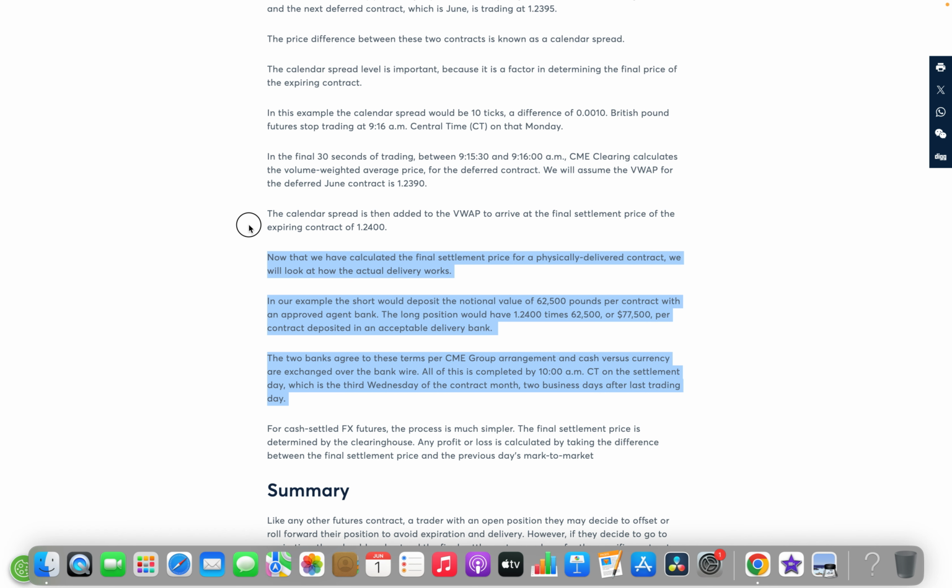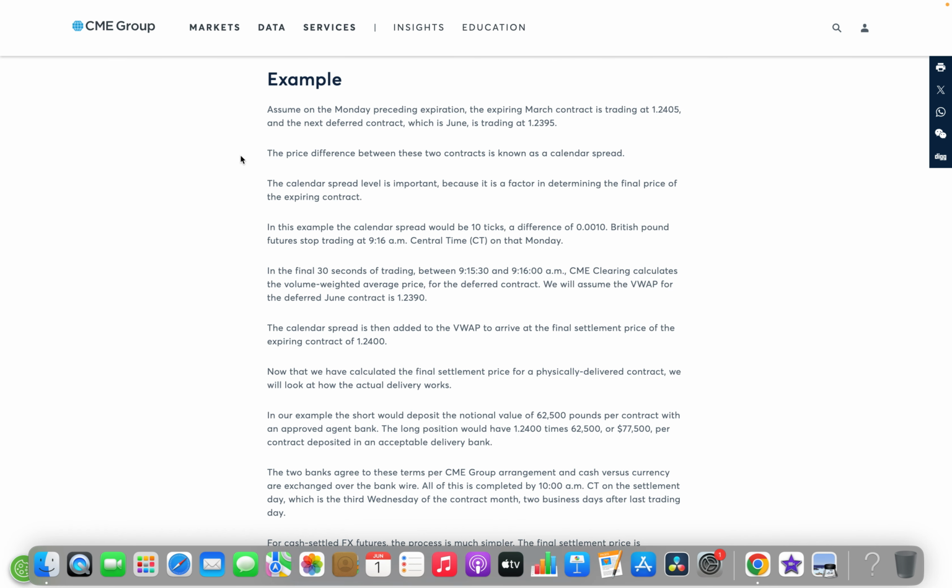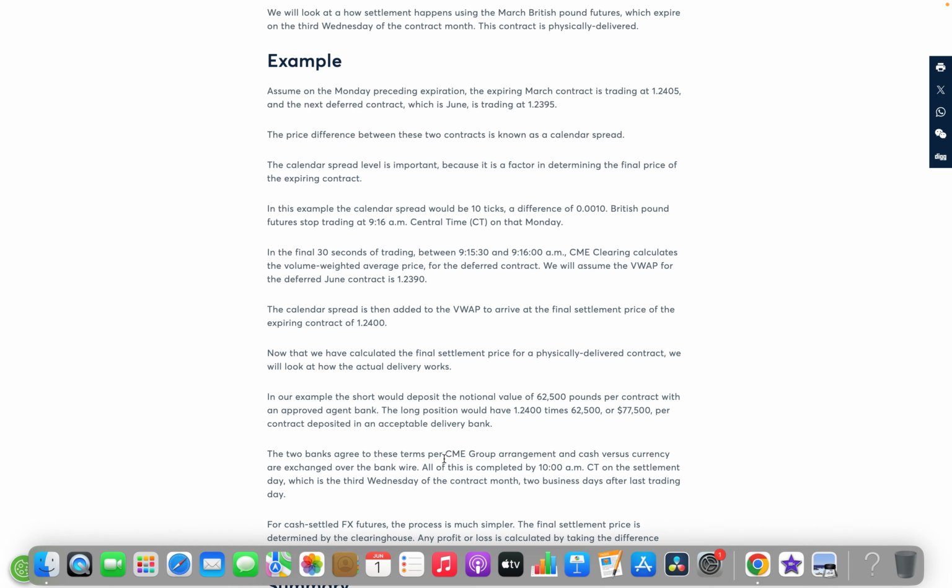So what I'm seeing here could be interesting. It might work, it might not, but the things that I'm looking at are 10 a.m. Central Time, third Wednesday of the contract month. So number one, third Wednesday, contract month.